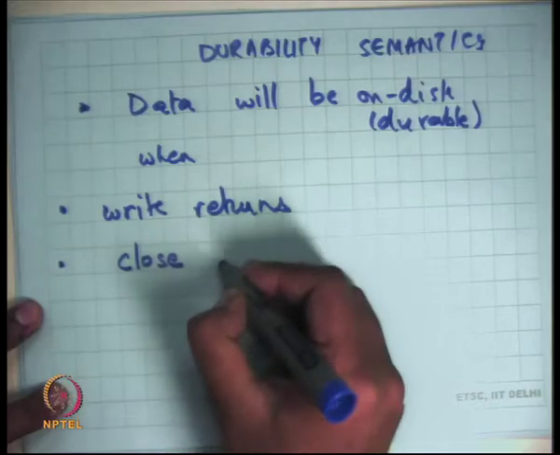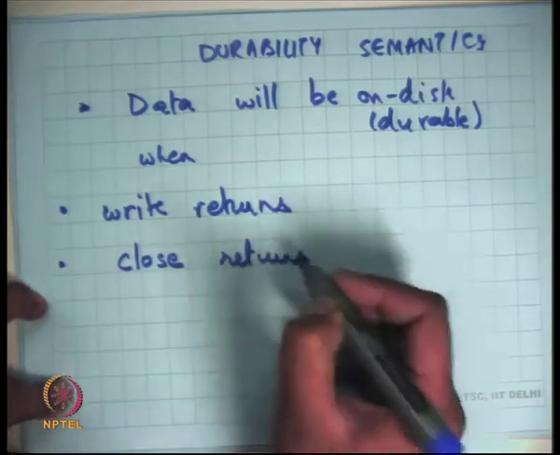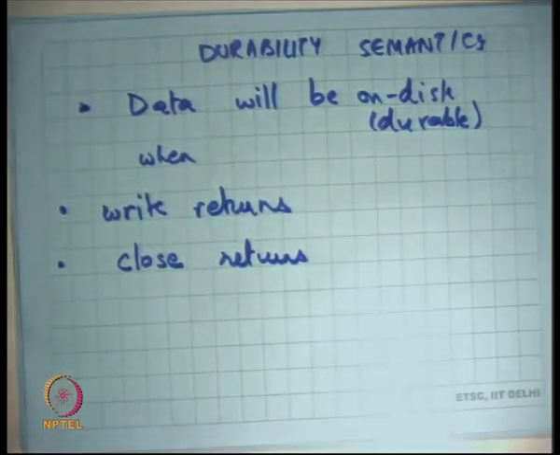The other option is before close returns. So you can say I don't care if there are multiple writes, but when you close the file, that's the point I'll say that definitely all the data for this particular file has been made durable. So that's another option.